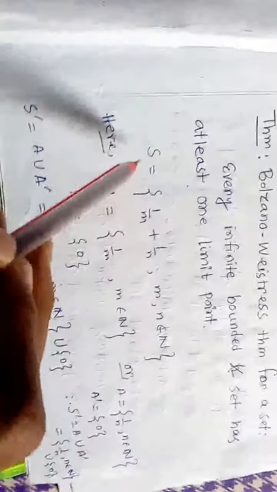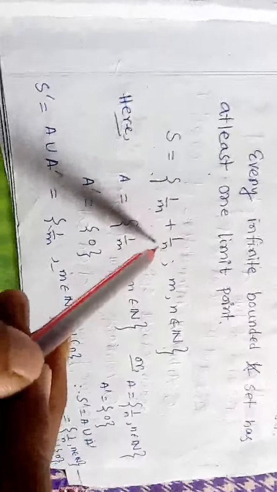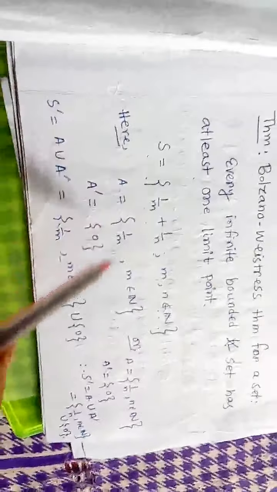Now focus on the next, that is S equals 1 upon m plus 1 upon n, where m and n belong to the natural numbers. Here we find that A equals 1 upon m, m belongs to the natural numbers. Here A dash equals 0.